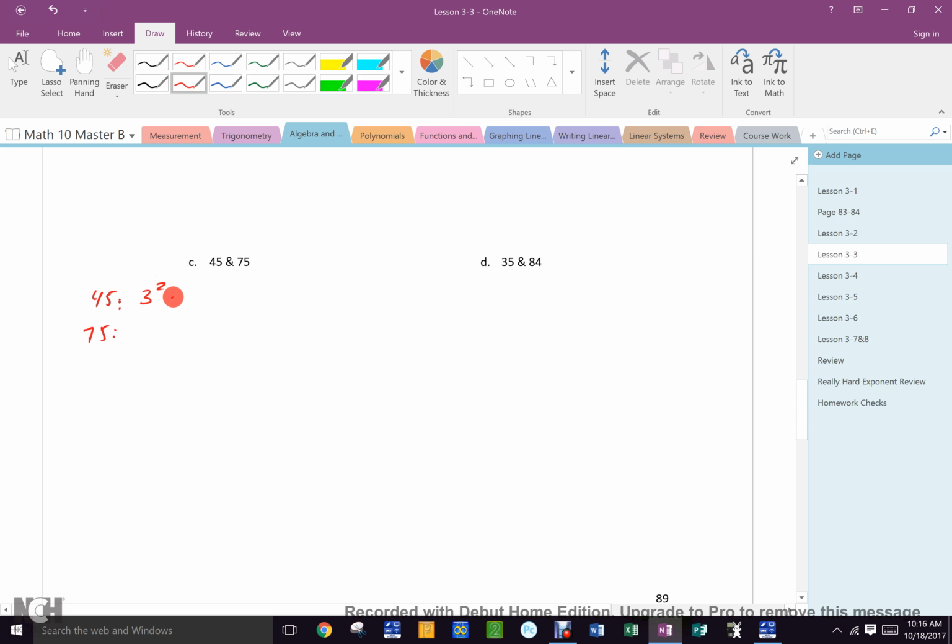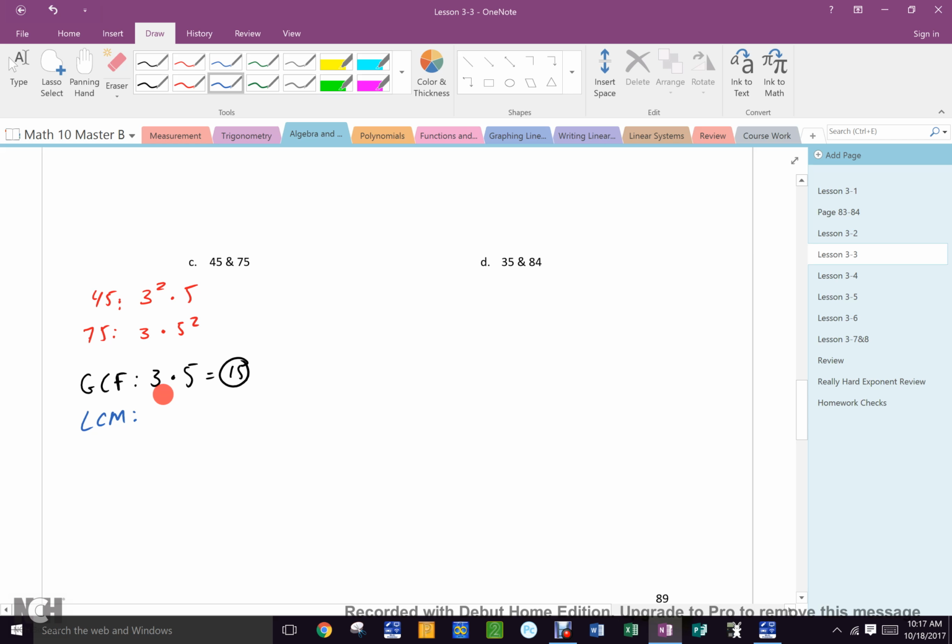Right. I like to write the littlest number first, but does it matter? Of course not. 3 times 5 squared. So my GCF is what? Everything common. How many 3's are common? 1. How many 5's are common? 1. What's 3 times 5? 15. Done.